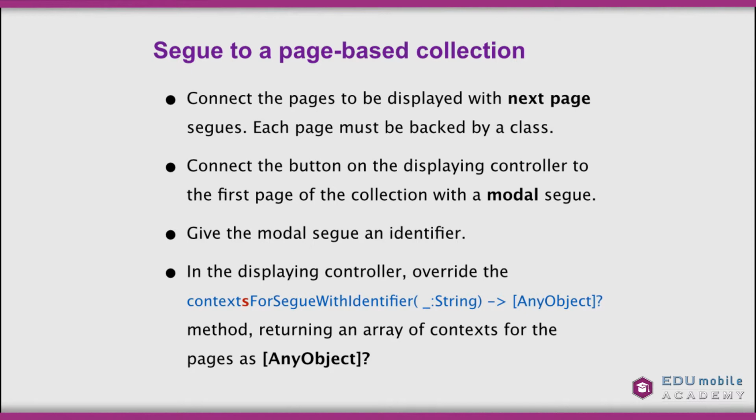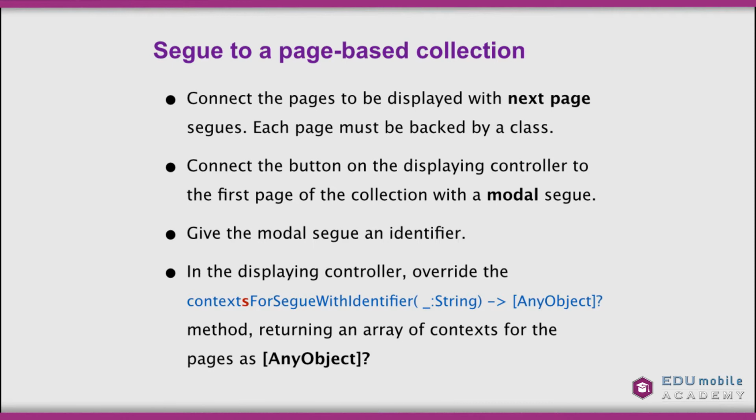We give the modal segue an identifier, and then in the displaying controller, we override contextsForSegueWithIdentifier, passing in the identifier string and returning an array of AnyObject as an optional.